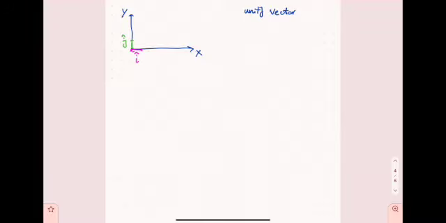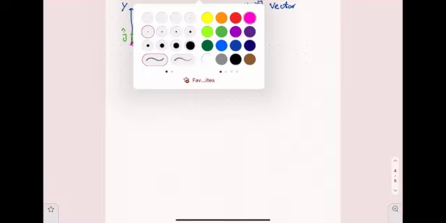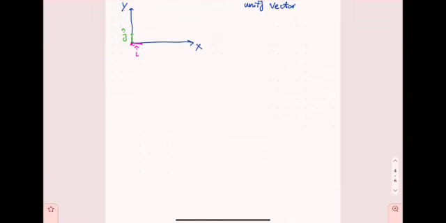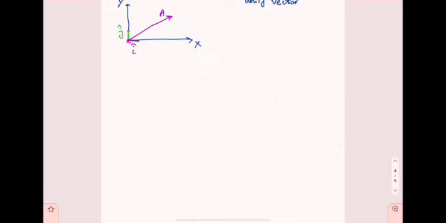Again, each of these has a magnitude of 1, and they are perpendicular to each other. So i and j are perpendicular to each other. Now, any other vector in this space can be represented as a linear combination of these vectors. So, for example, let's make a vector here like this, okay? And let's call our vector A.